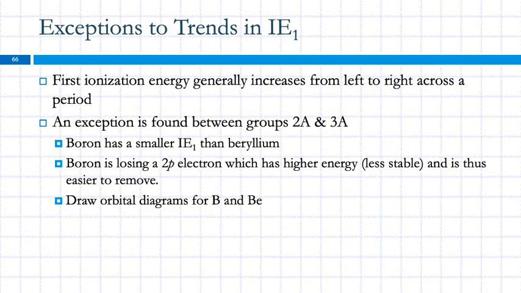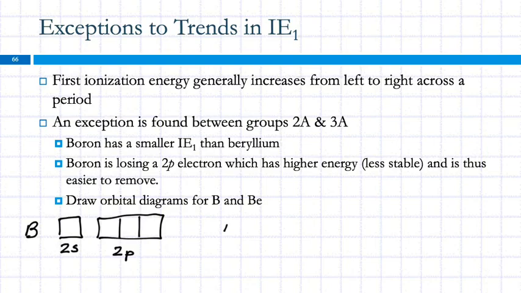Well, it has to do with the electron that's being lost. What orbital is it in? So we need to look at the orbital diagrams for these two elements so that we can get an idea of what's going on here. For boron, we're just going to look at the valence. So there's 2s and 2p.